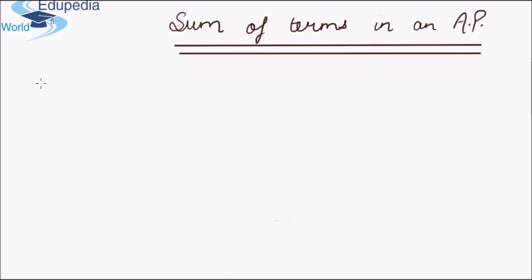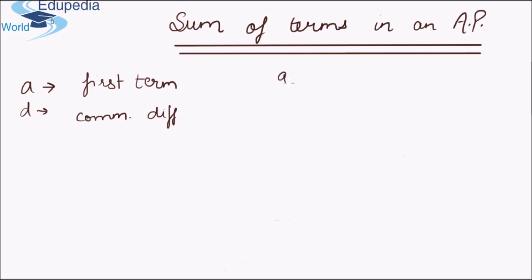Friends, we know that in an AP, A is the first term, D is the common difference, and we have also derived in the previous videos that the general term of an AP is AN equals A plus N minus 1 into D, where N is the number of terms present in the AP.